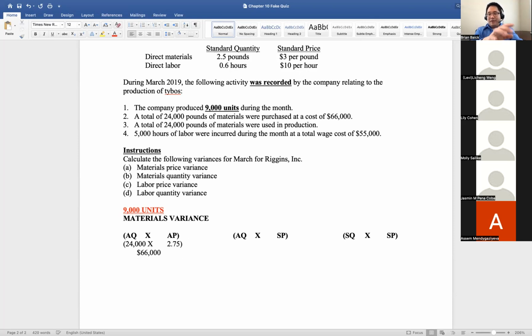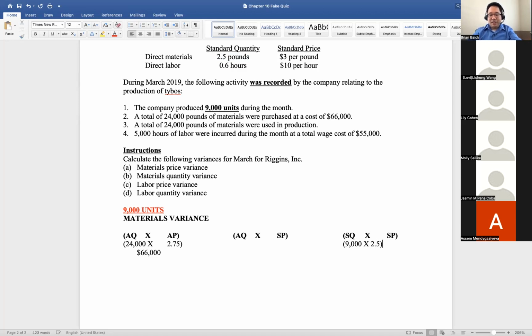Always do the corners, like when you do a puzzle: you do the corners, the left side, the right side, then the middle. Always be careful of standard quantity because that one is the trickiest. It says here, we're supposed to use 2.5 pounds for each unit. If you make 9,000 units, how many pounds are you supposed to use?